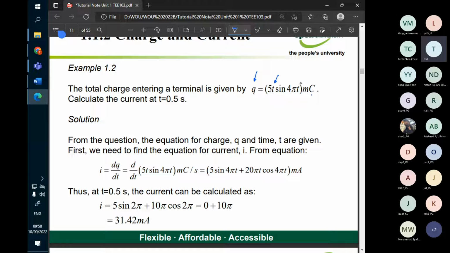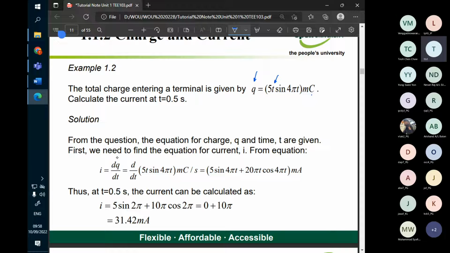This looks like a sine function to me. If you put in 0.5 here, you can calculate the total charge entering a terminal. To calculate the current, you need to bring out this equation.